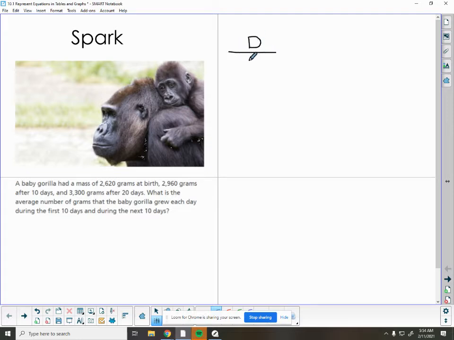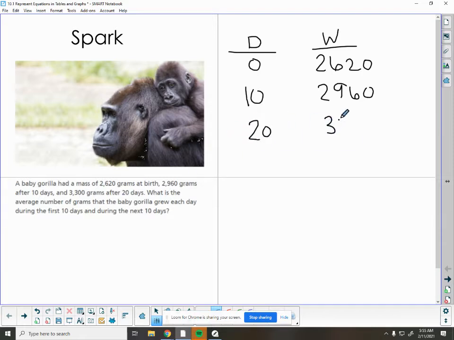On day 0, its weight was 2,620. On day 10, the gorilla weighed 2,960 grams. And on day 20, the gorilla weighed 3,300 grams. Now remember, we want to know how much it was growing each day.